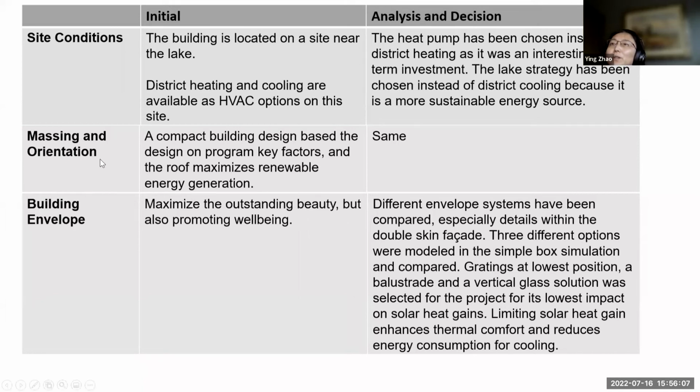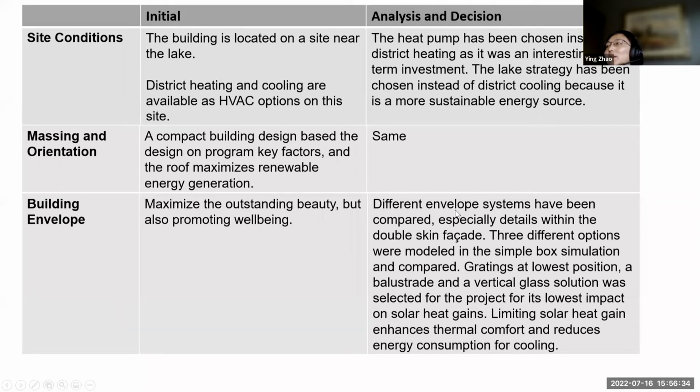For massing and orientation, it is a compact building to reduce the footprint. And on the roof, they maximize the renewable energy. So that's the same in the process. For building envelopes, their intent is to maximize outstanding beauty, but also promote well-being.